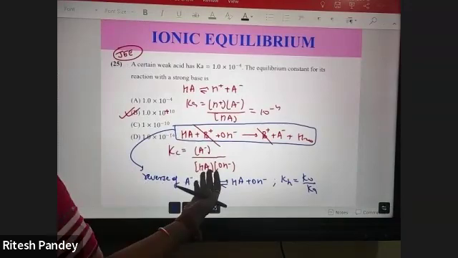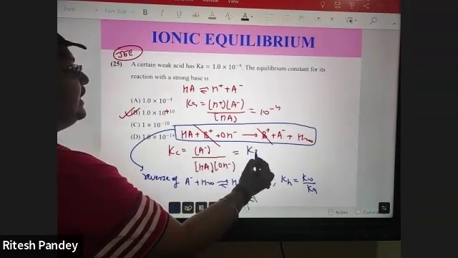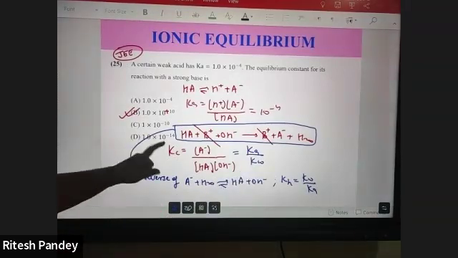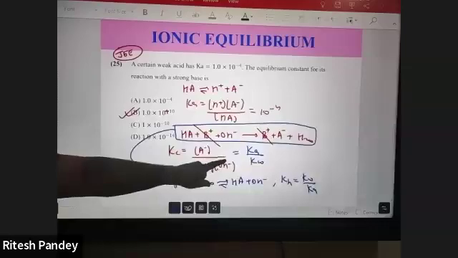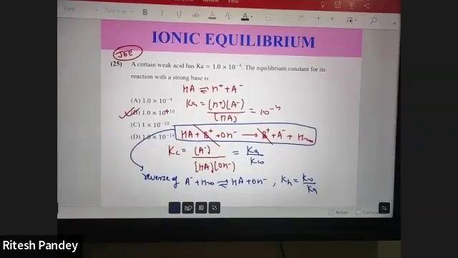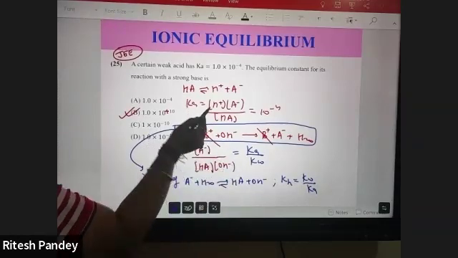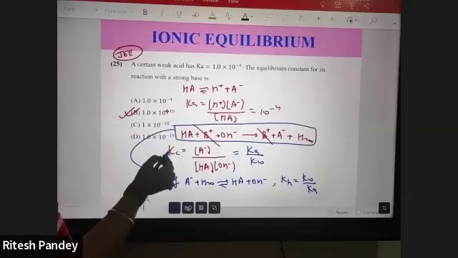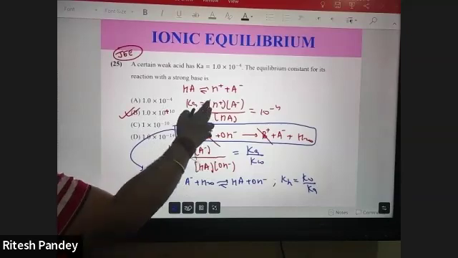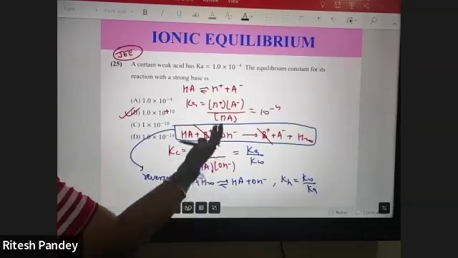Although it can be independently proved that its Kc would be equal to Ka by Kw, because if you take Ka upon Kc, you get Kw. Ka upon Kc would mean you reverse this: A minus will be cancelled, HA will be cancelled, H plus times OH minus will be Kw. So I can do it individually as well.